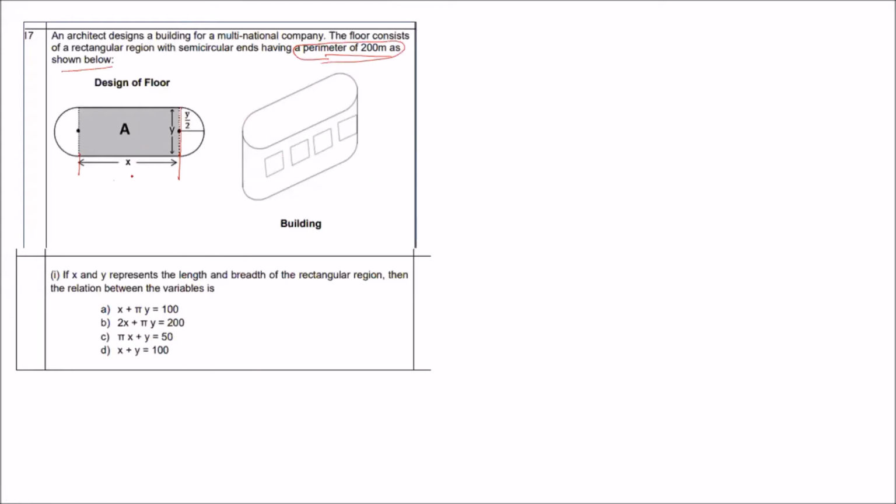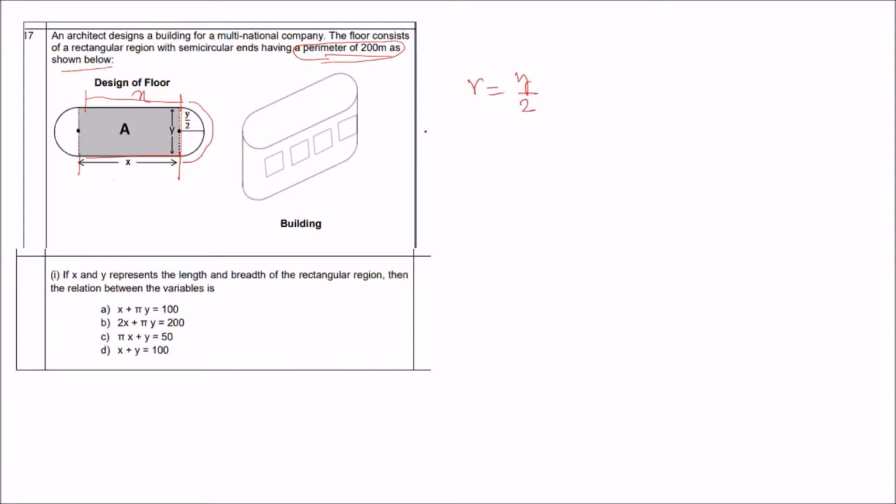Now see, it is simple. As you have done many questions, you will find the perimeter of this whole floor. It is x, and this side is also x, and this is a semicircle whose radius is equal to y by 2.